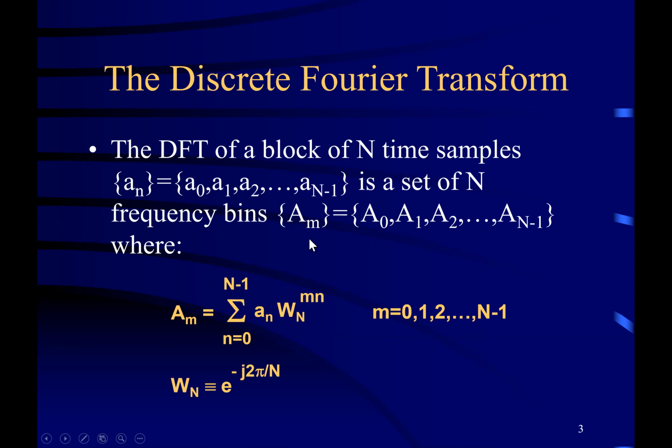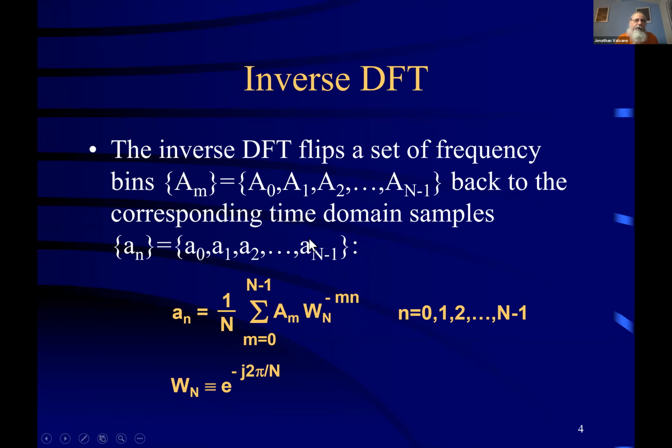And then, as you're probably well aware, the conversion to the frequency domain does not lose any information. So there is an inverse, and if you perform the inverse, you get back the signals.